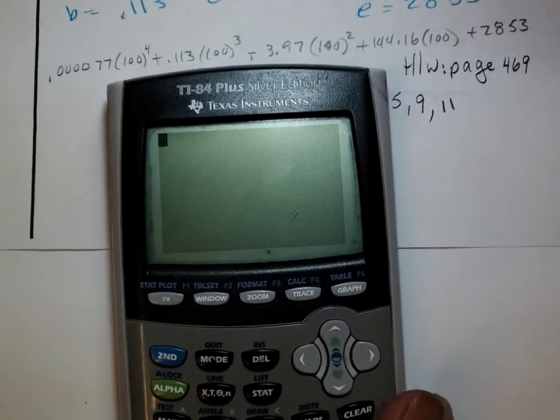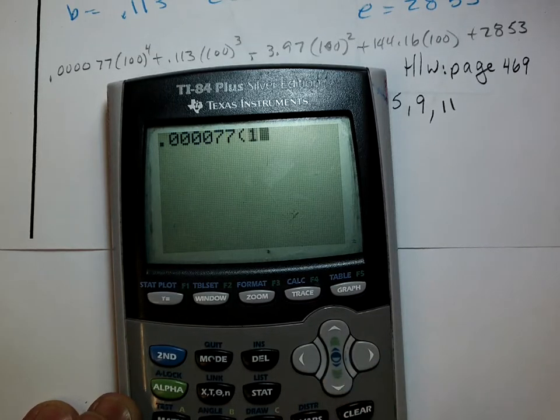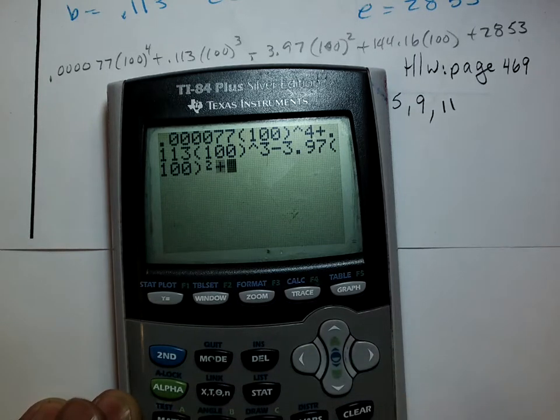Yeah. Clear. Slide that up. My calculator. Okay. So I'm going to go 0.000077 times 100 to the 4th power plus 0.113 times 100 to the 3rd power minus 3.97 times 100 squared. How am I doing? Plus 144.16 times 100 plus 2,853.